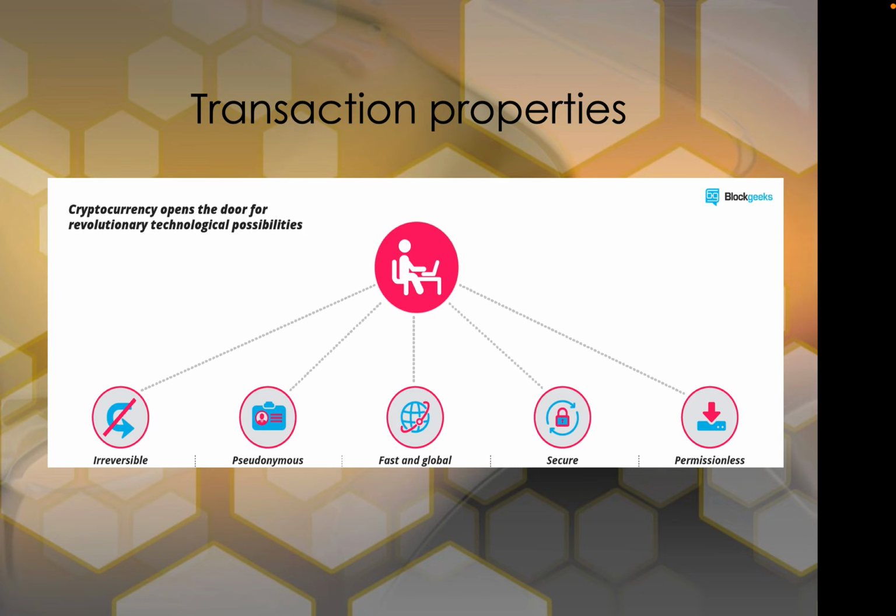So basically, if you have enough power and you control 51% of the nodes on the network, then basically you can fake data. Whatever you do, you can fake data, right?